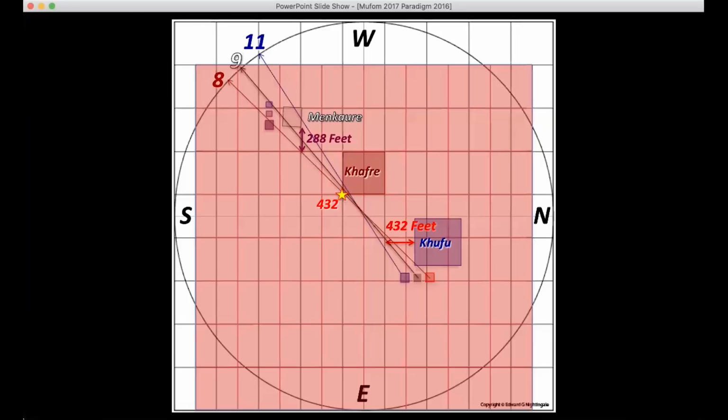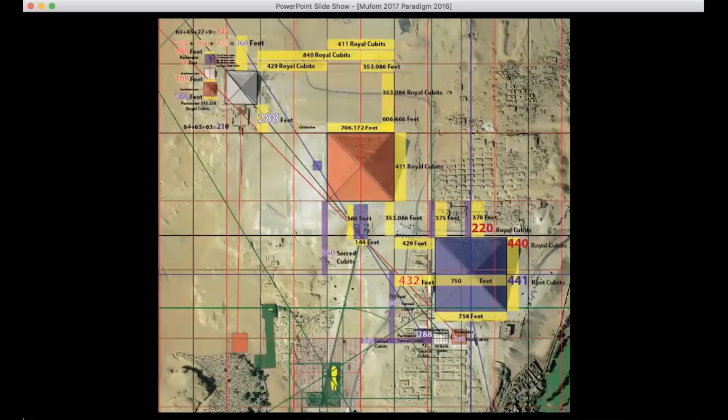Okay, so this is kind of a fast forward a little bit here. This is in my book, and this is all the measurements I was mentioning to you earlier when we were talking about the idea of Giza being this puzzle, and in some ways not unlike the Rubik's Cube, where if you have all the blocks in the right position, all the sides match with color, and it works.